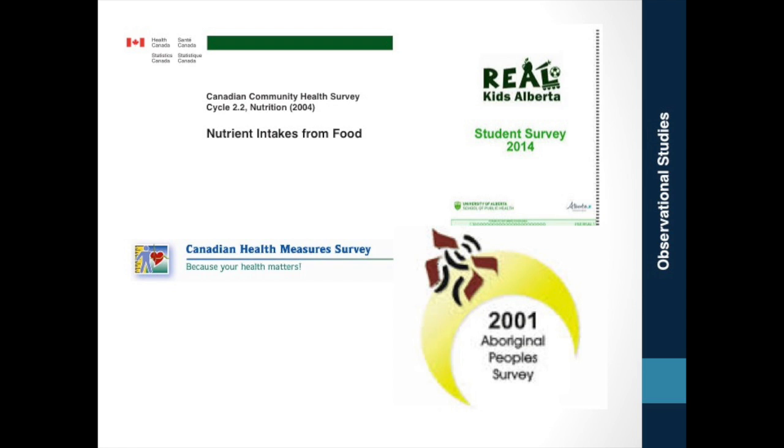We also have the Aboriginal Peoples surveys, and in Alberta, we have, for example, the Real Kids Alberta, which is an initiative between the School of Public Health at the U of A and Alberta Health to provide some measurable health outcomes for children in Alberta.